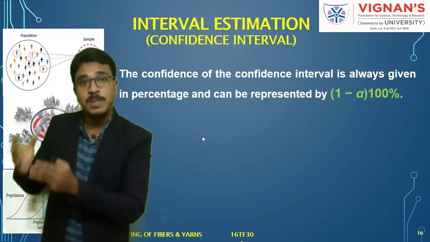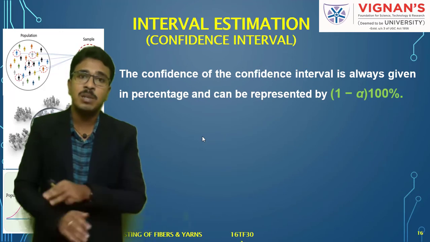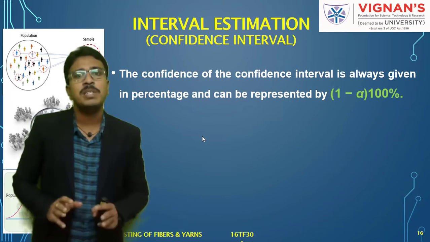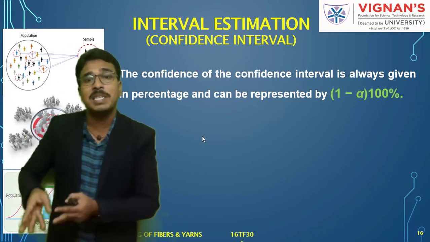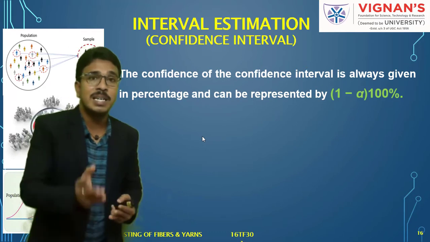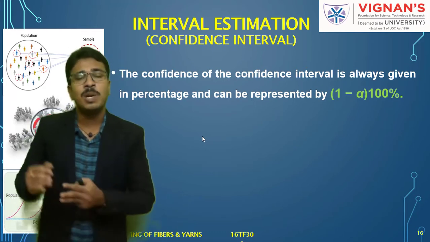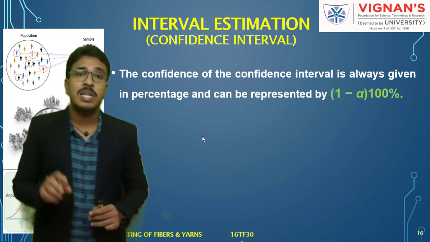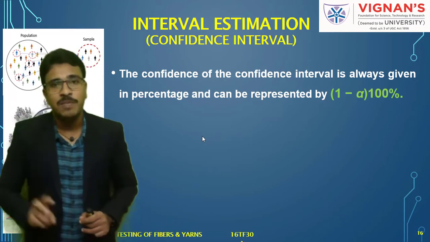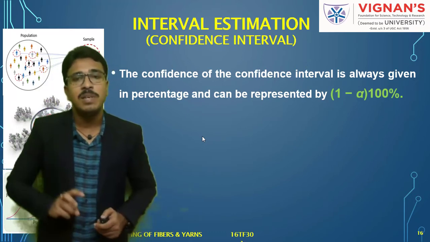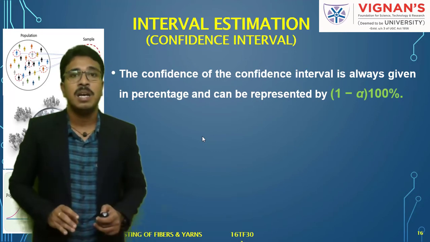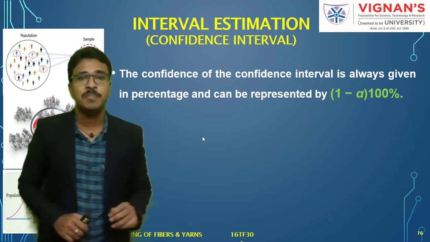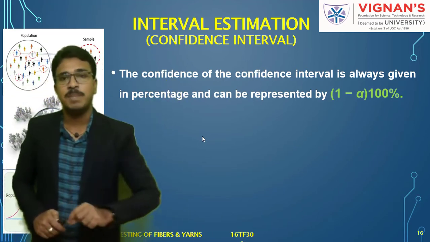Whether you say 100% confidence, that means no chance of error, or 95% confidence, that means there might be a 5% chance of error, or 99% confidence, that means you are leaving 1% as a possible chance of error. We always state the confidence of the confidence interval in terms of percentage, and we represent it as (1 minus alpha) into 100 percent.